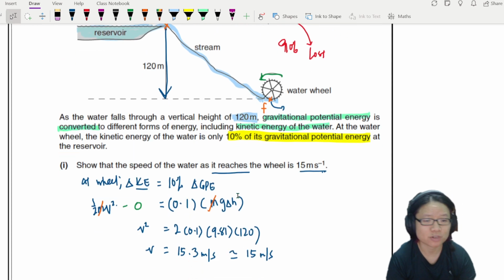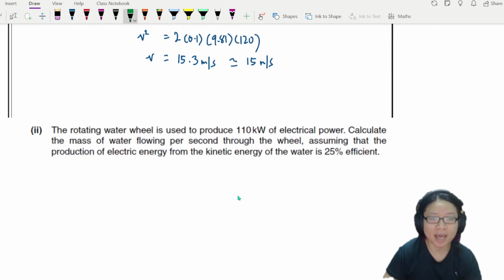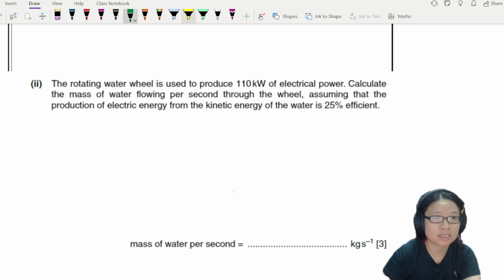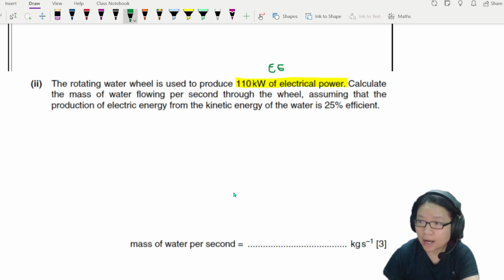And kinetic energy is now going to convert to electrical energy. So let's continue to read the question. We have 110 kilowatt of electric power. This is the output, electrical energy. Calculate the mass of water flowing per second through the wheel.